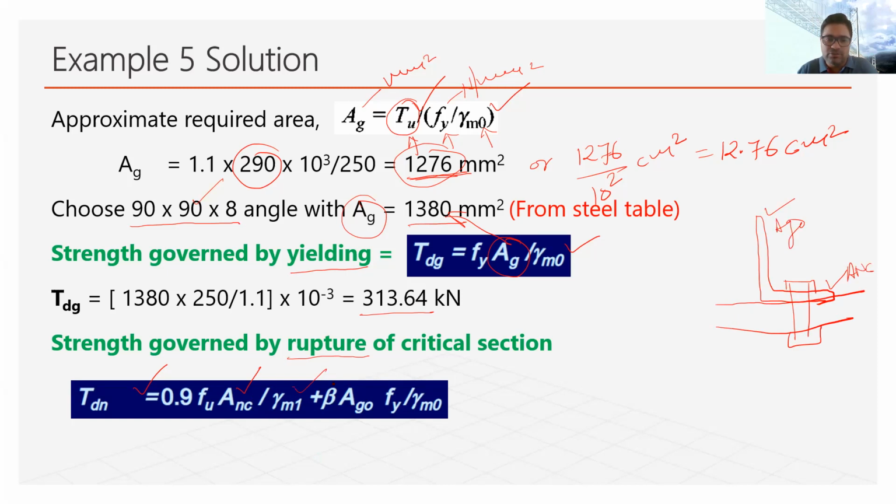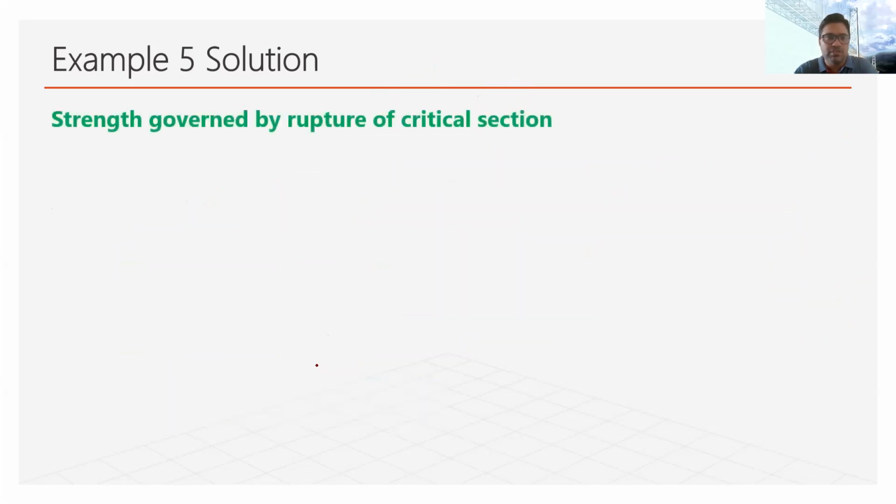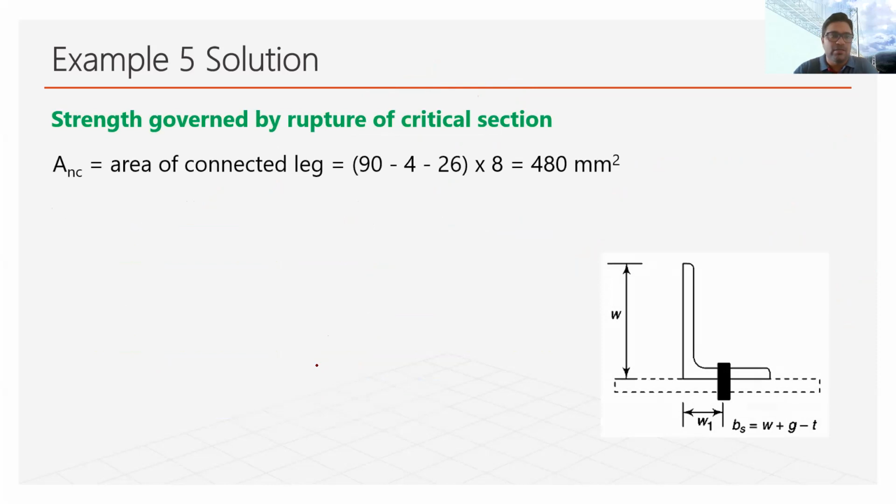Similarly, we are also required to find out the beta value. So we will calculate them one by one. First we will find out the ANC. ANC is the net effective area of the connected part. Considering that this is the connecting length, which is 90 mm, how do we find out the ANC?